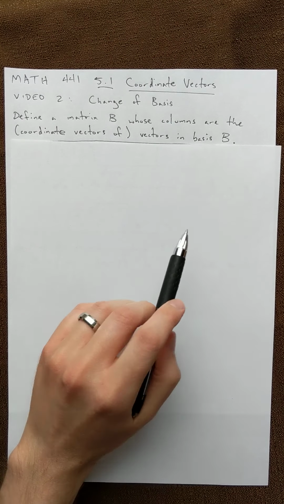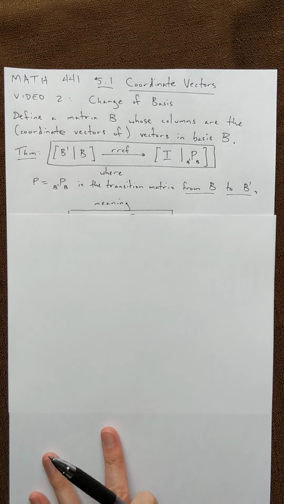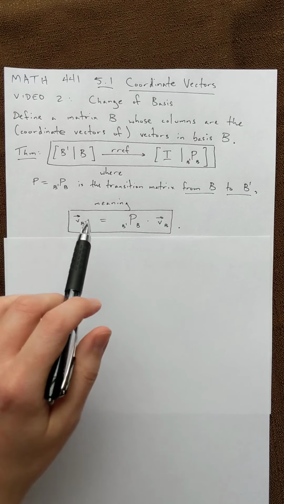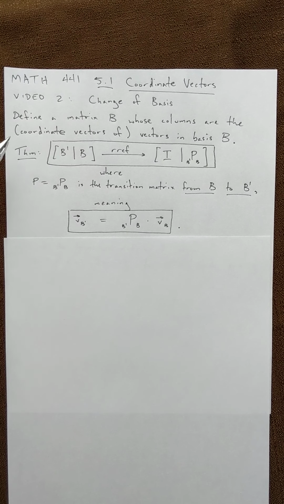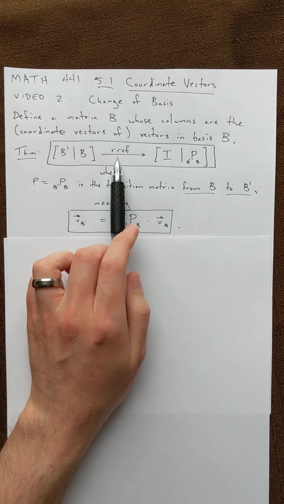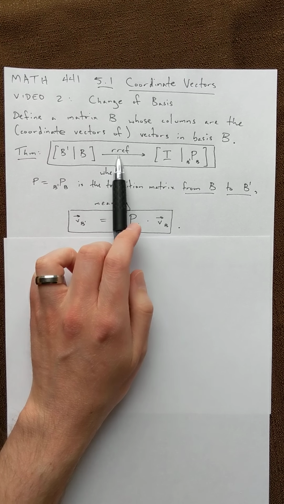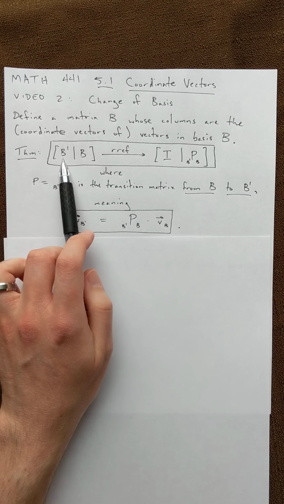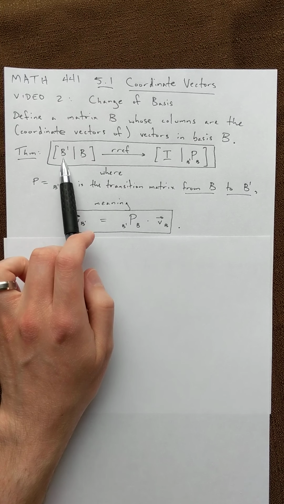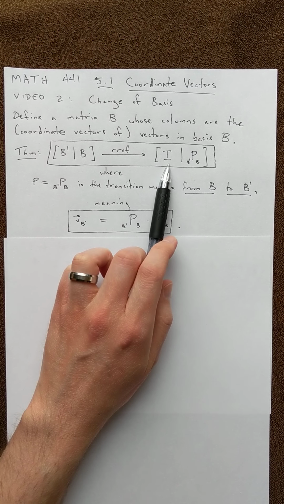Okay, so now I'm going to write a theorem down. It's a big theorem. The book describes this a slightly different way, but this is how I'm going to describe it. So if we have two matrices that represent two different bases, and we row reduce it in reduced row echelon form, it turns out anything that's a matrix corresponding to a basis, you're going to be able to get it to reduce down to an identity matrix.